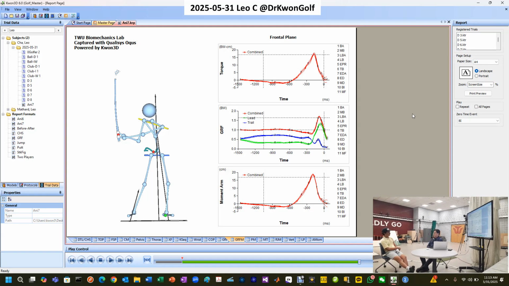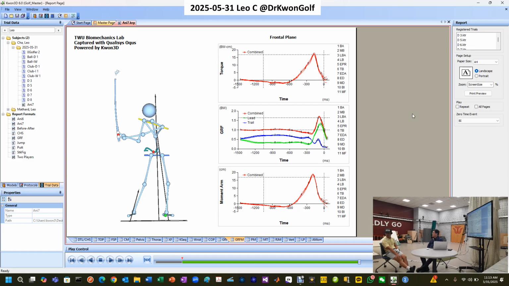So obviously, the best is to maintain the current club but increase the club speed. But if it's really difficult to increase the speed with the current club, then you have to go for a lighter club so that you can swing faster.